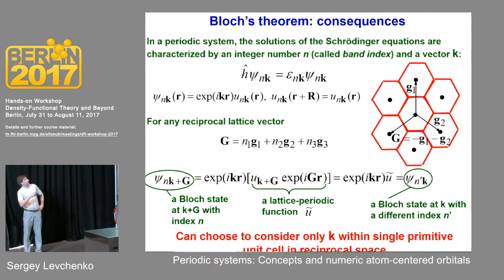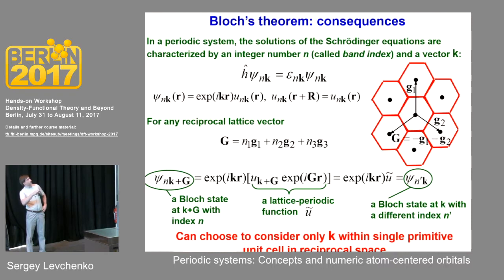There is another consequence. Again, we have this wave function that is labeled by 4 indices. One is called the band index, n, which is discrete. And there are also 3 components of the k vector, each of which is in principle continuous.